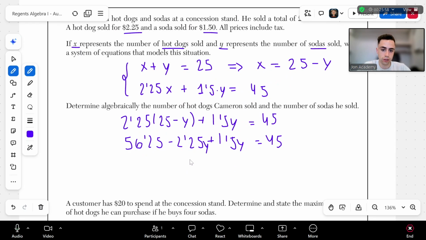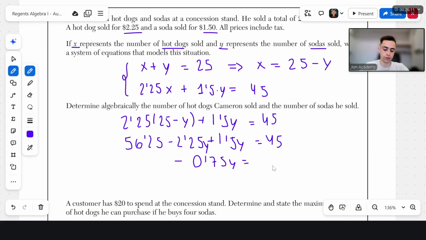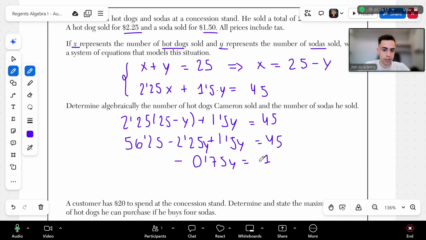So we're going to be left with minus 0.75y, and this is going to be equal to 45 minus 56.25, which is minus 11.25. Therefore y, if we divide this by 0.75, is going to be 15.